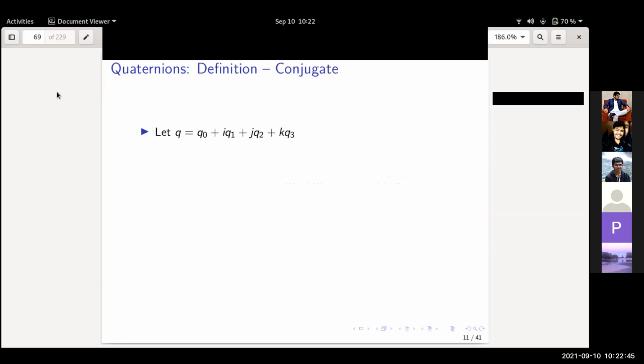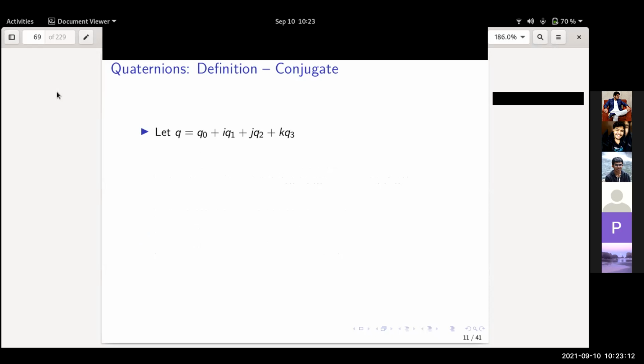Okay, so let us now look for other properties. We said it is a complex number or kind of complex number. So how do you compute the complex conjugate? If you are given a simple complex number, how will you compute the complex conjugate? A plus iB, minus i.